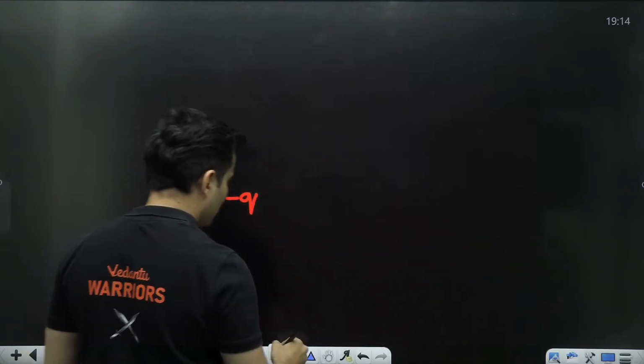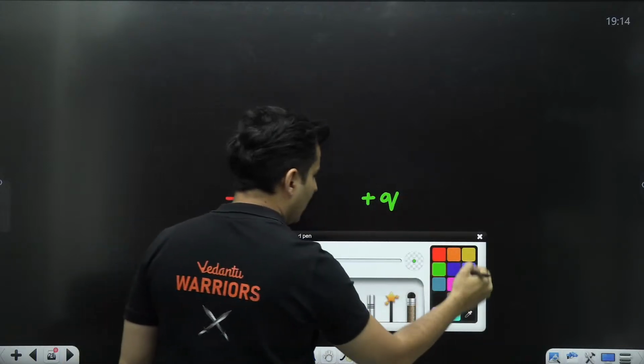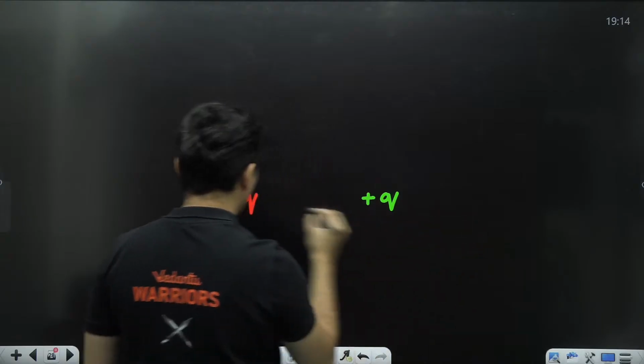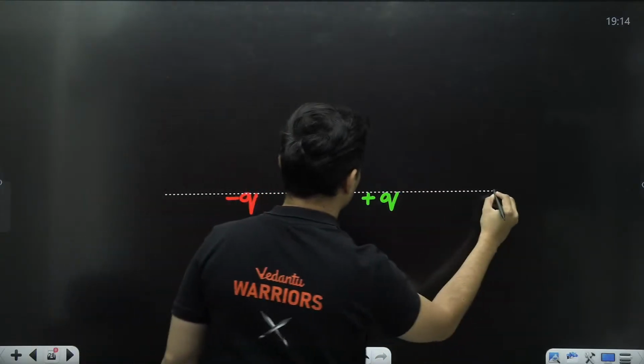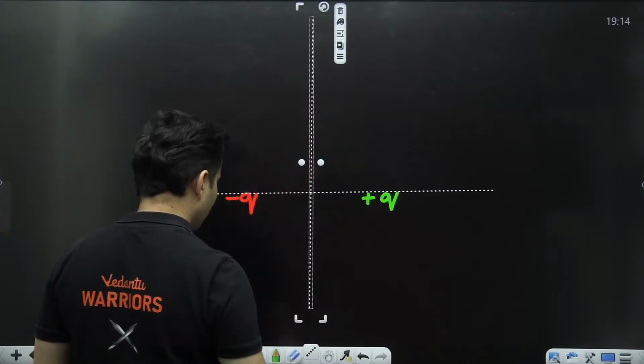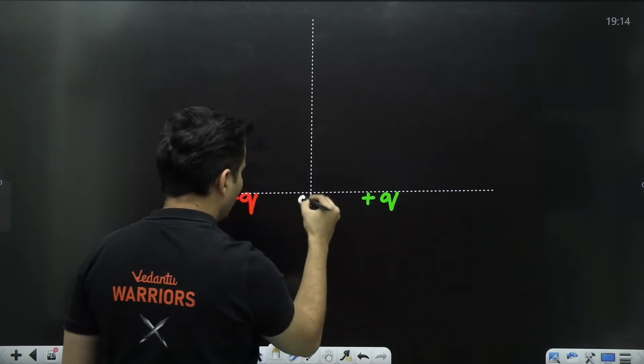So now think about it. If you have a negative Q charge and a positive Q charge, the center of the dipole, we take it as our origin.